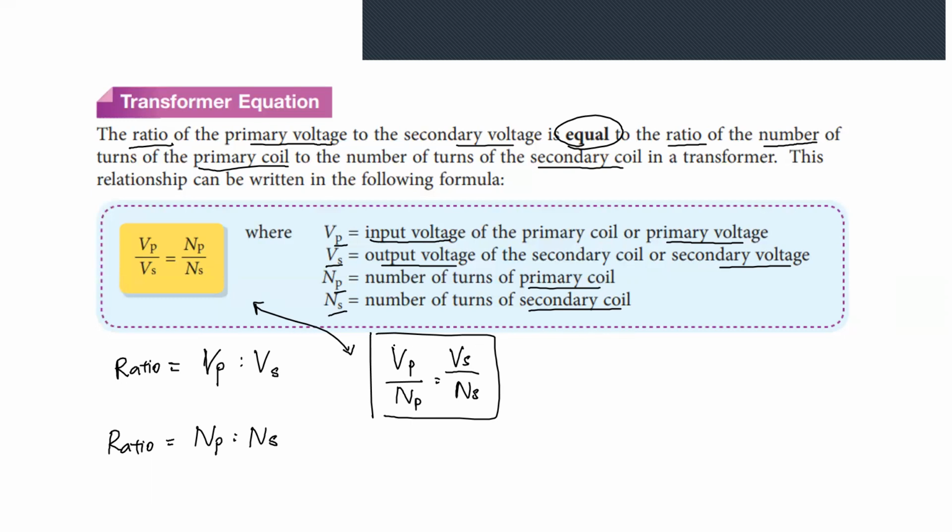Actually, as long as you write them in proper ratio, it will be the same. So you can also write V and V on the same side, N and N on the same side too, left hand side and right hand side.